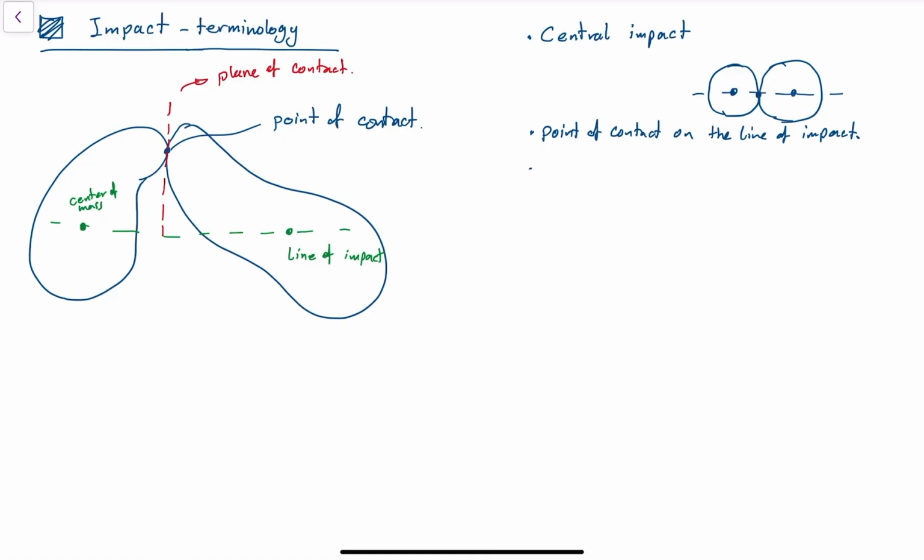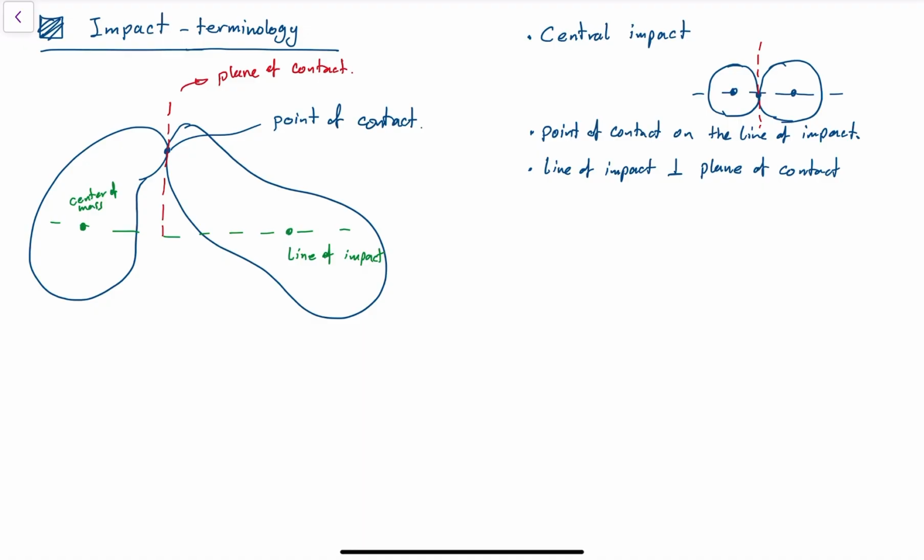Also, the line of impact must be perpendicular, normal to the plane of contact. So this is the plane of contact.